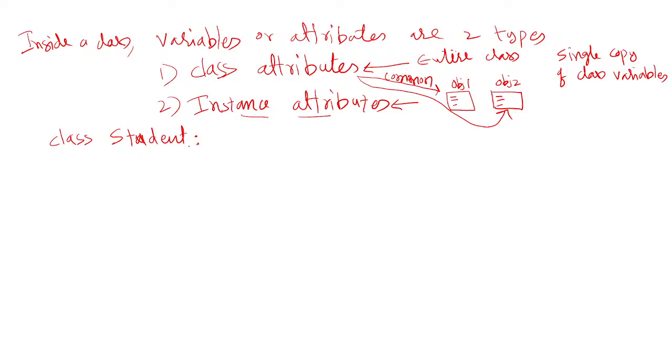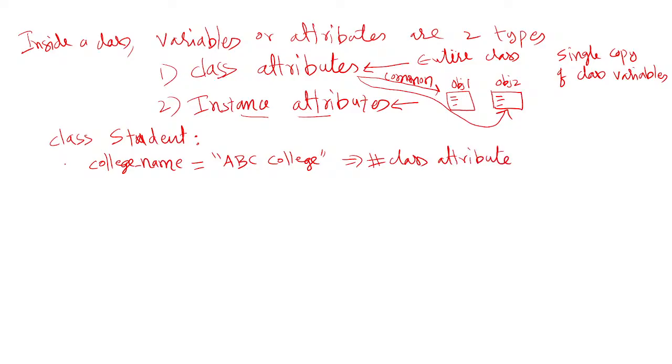I define an attribute or a variable called college name, and I set the college name to something like ABC college. This is called a class variable, or you can call it a class attribute.